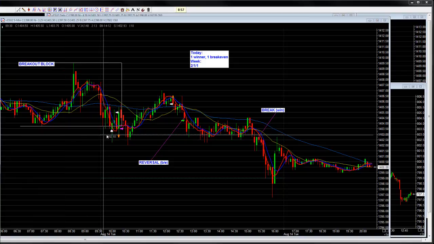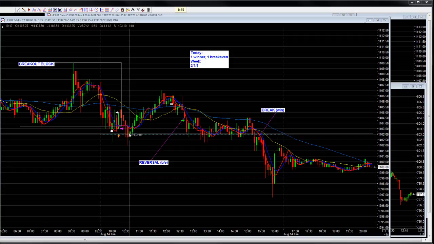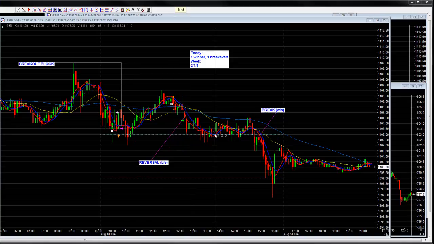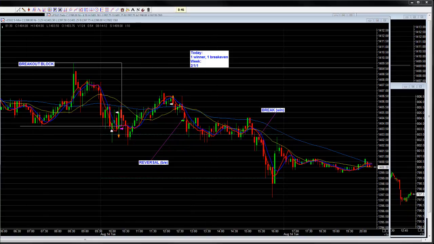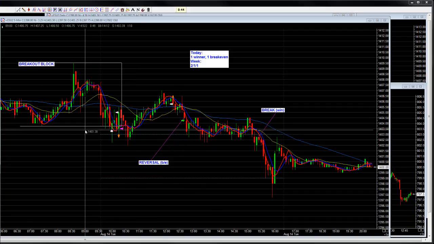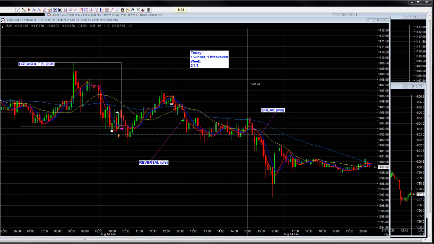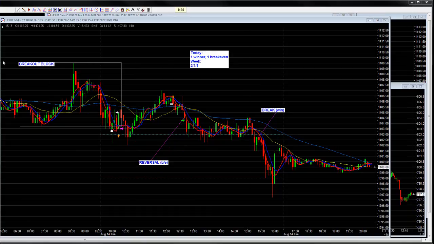I hadn't really marked it yet, but when we respected it like you wouldn't believe, and just kept on bouncing off it, then I added it in, and throughout the day it just became an amazing level, to the state now where on the 15-minute charts I basically see it as probably one of the most significant levels currently in the marketplace. But I'll bring up a 15-minute chart in regards to that in a sec.